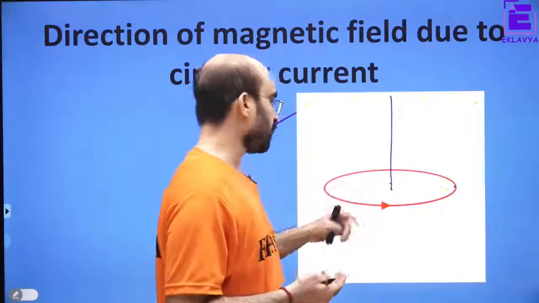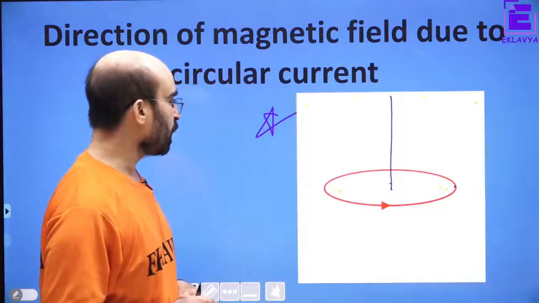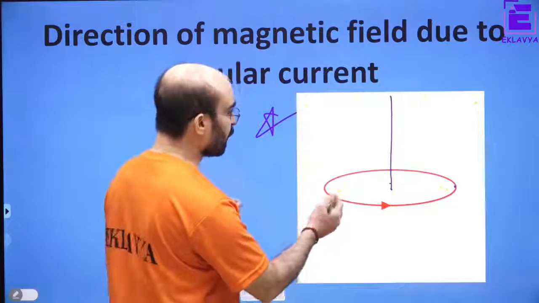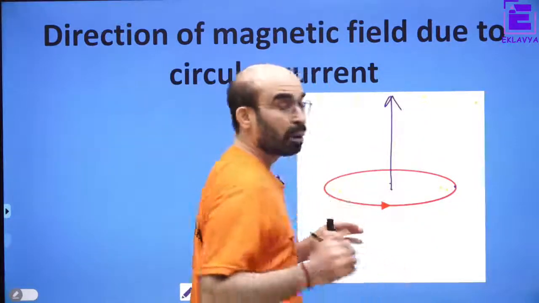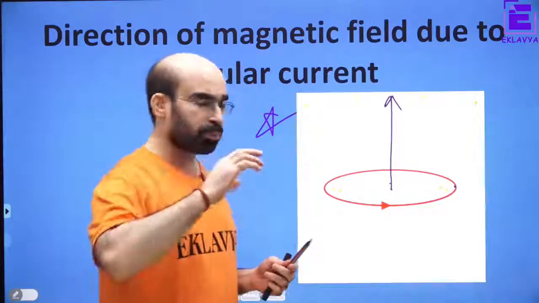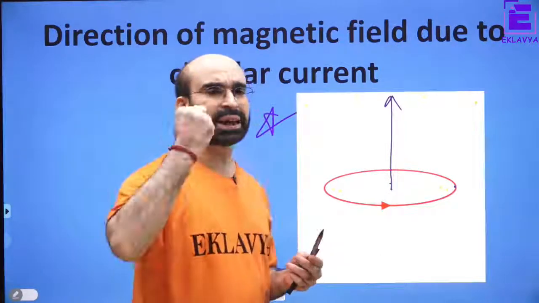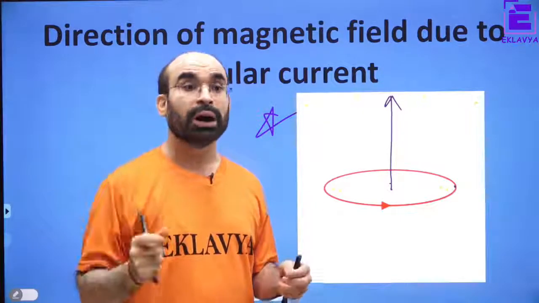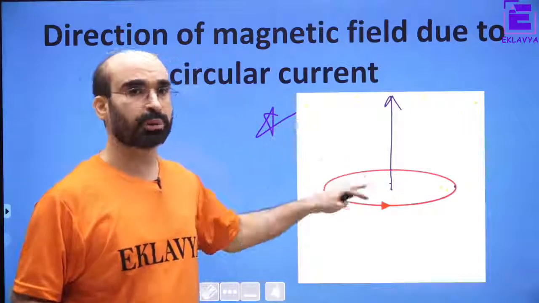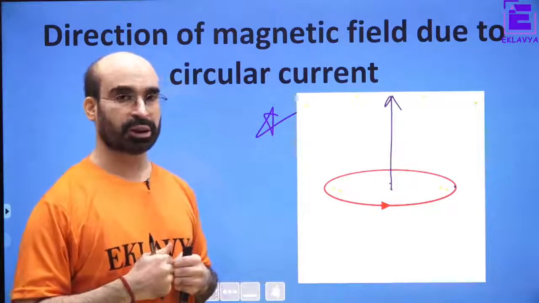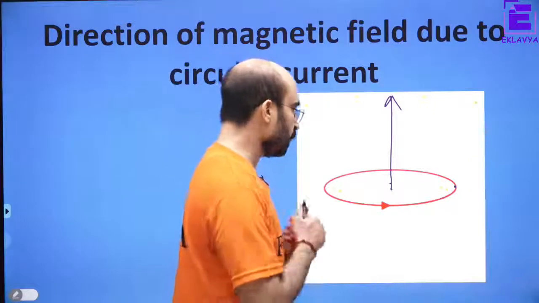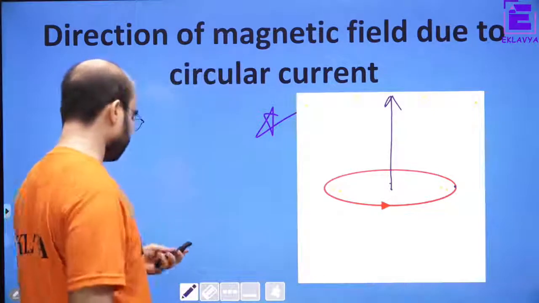Okay, so this we need to do. I want you to practice properly, and don't memorize like, okay, this is the diagram, I will draw it. No, there is some logic behind it. Try to understand the logic. Okay, all right, now let us move.